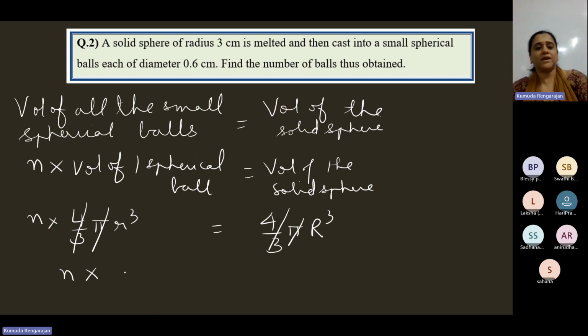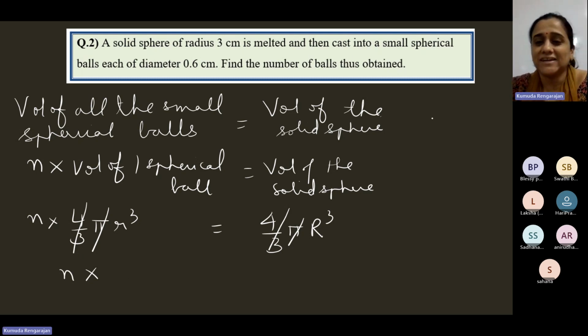What is the radius of each small sphere? The diameter is 0.6, so 0.6 by 2, which is 6 by 20 or 3 by 10.